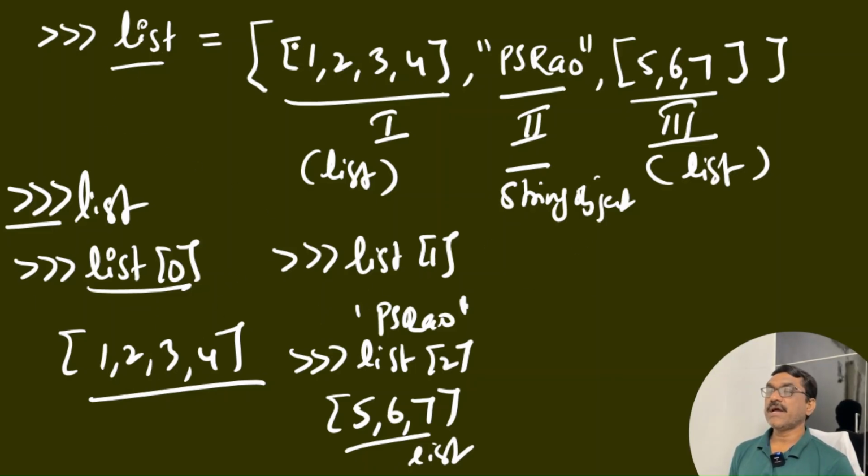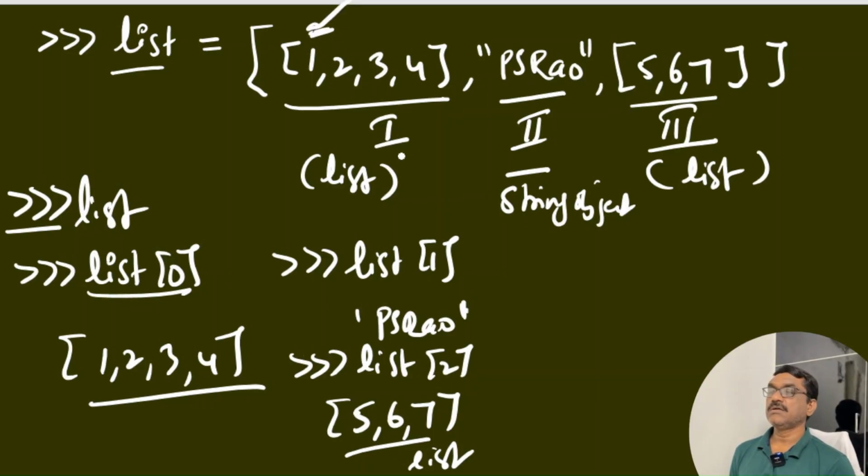For example, I want to access the element 1 in the first data item. How to get the element 1 here? Just now we have discussed that the index of the first data item is 0, the second data item is 1, and the third data item is 2. Now within the first data item, we have the element 1, and the indexes are 0, 1, 2, 3.